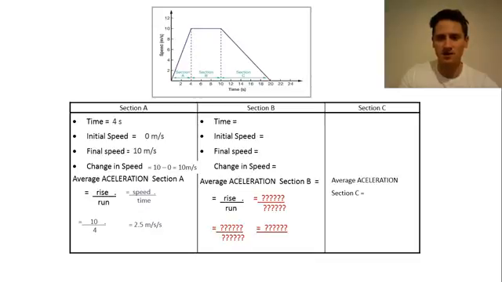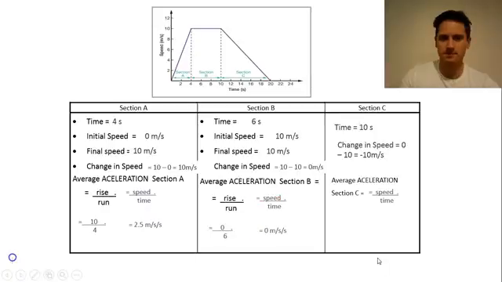Try to pause the video to calculate the rest. So I've just got the rest of the equations here, the working out. Compare that to what you got, and that's how you work out acceleration based on the gradient of a graph.